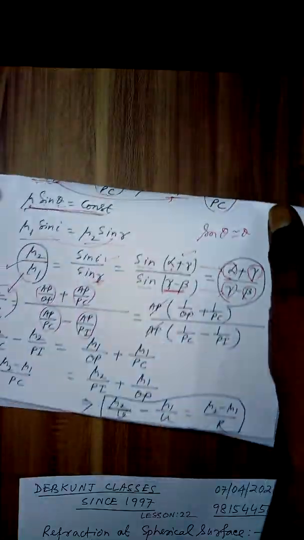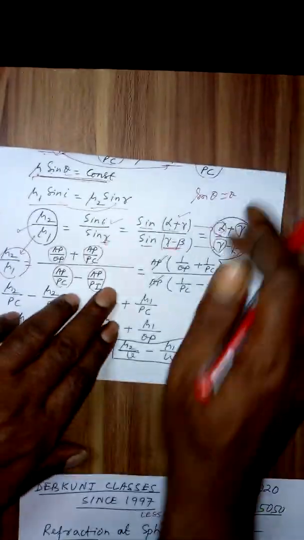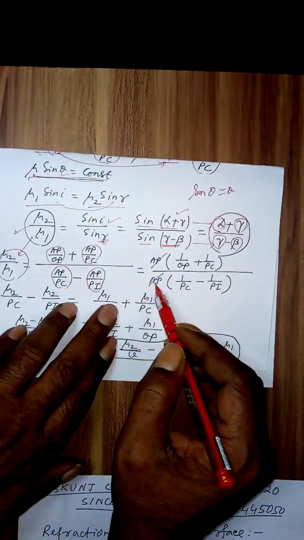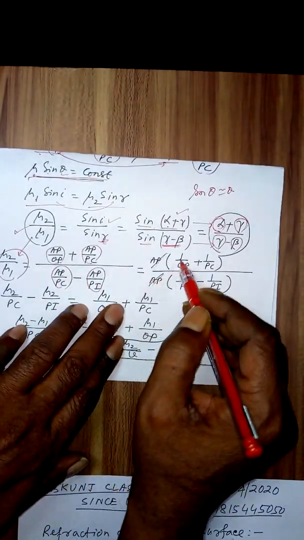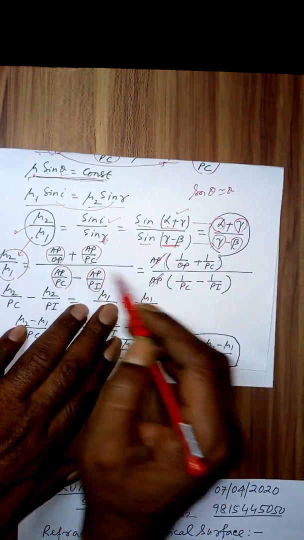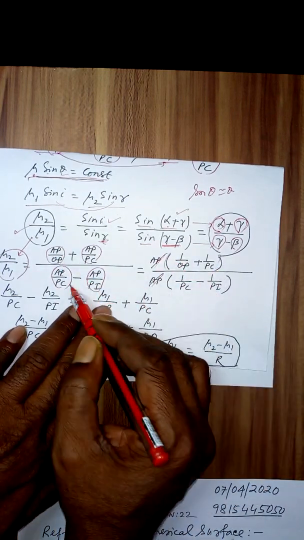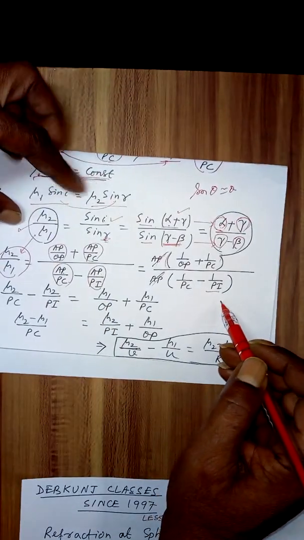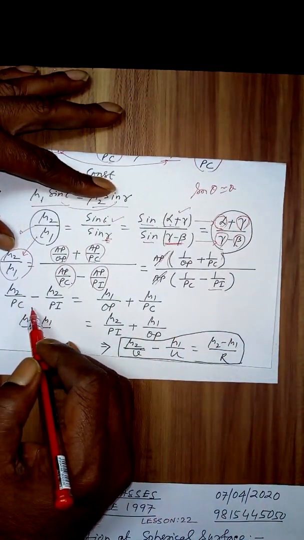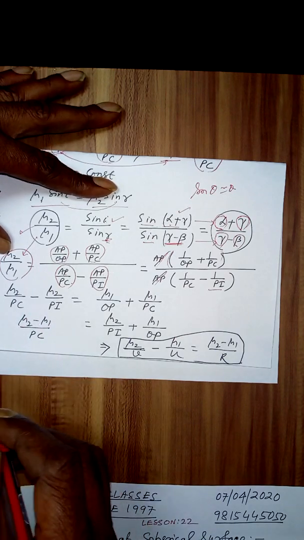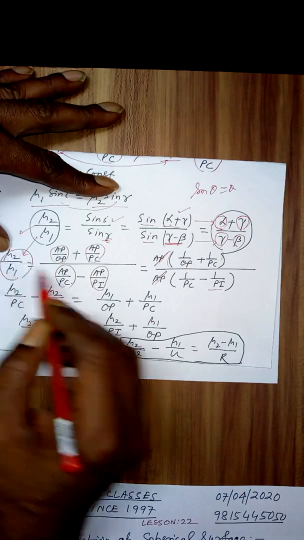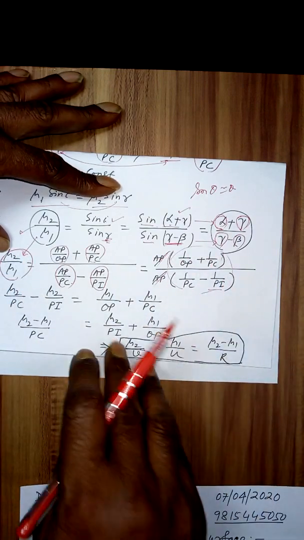Now take AP common in the numerator, take AP common in the denominator, they cancel. So here I am left with 1 by OP plus 1 by PC. Here I am left with 1 by PC minus 1 by PI. So AP cancels.